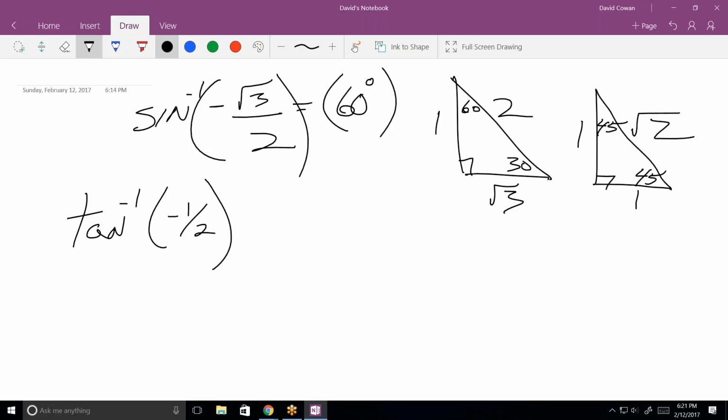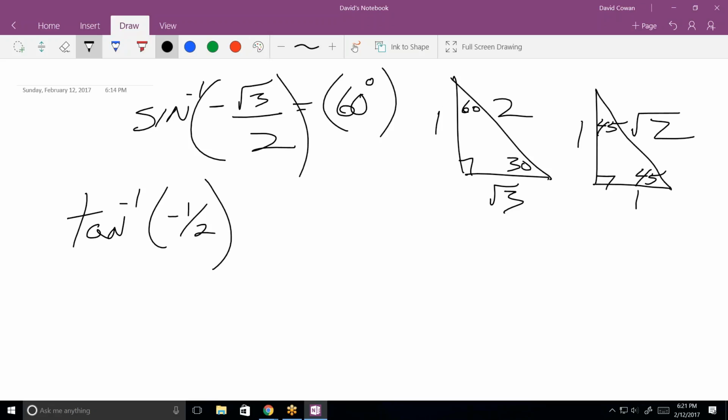Your inverse tangent's answer is going to be either quadrant 1, if it's a positive argument, or quadrant 4, if it's a negative argument. Right. Now, we don't have any way of doing 1/2. That's not one of our common angles.